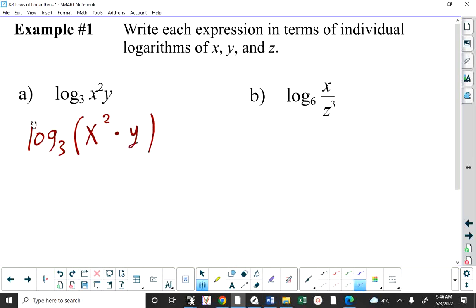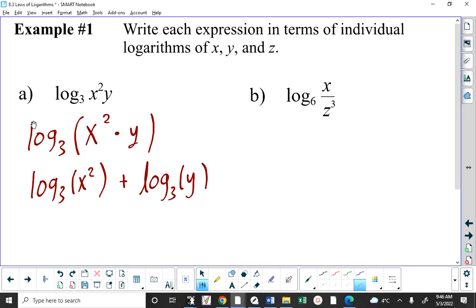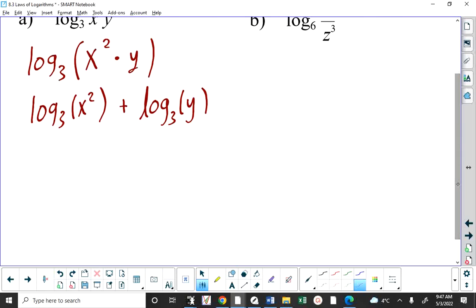Since this is log base 3 of x squared times y, that means it's log base 3 of x squared plus log base 3 of y. This is the product law. The logarithm of a product is equal to the sum of the logarithms. By the way, those 3 logs that you're looking at the top of your page are on your formula sheet. But log base 3 of x squared is the same as 2 times log base 3 of x.